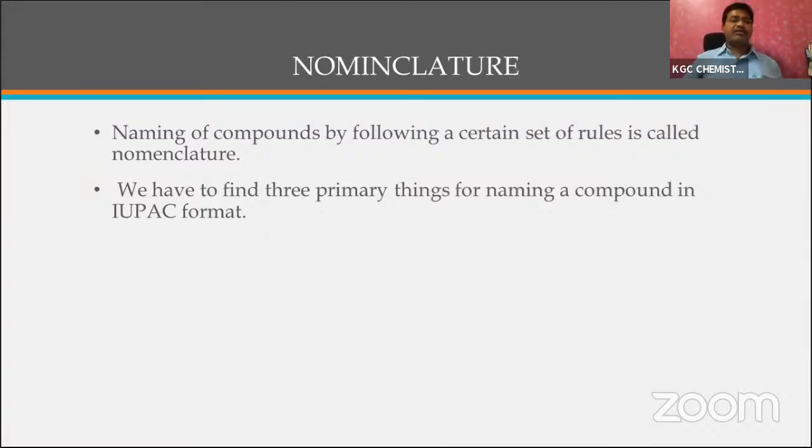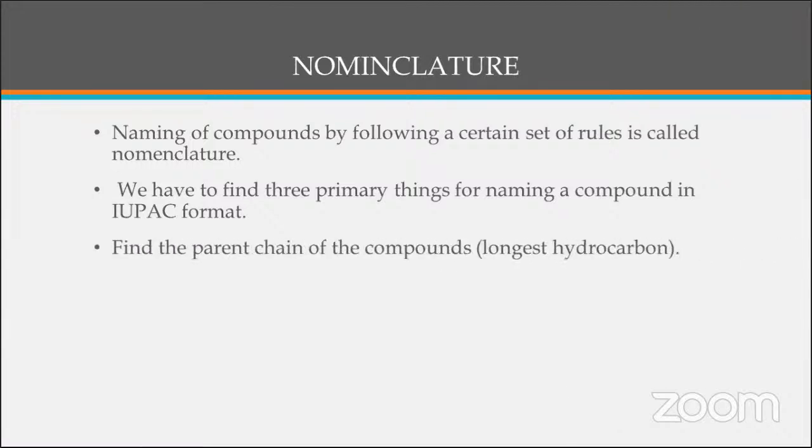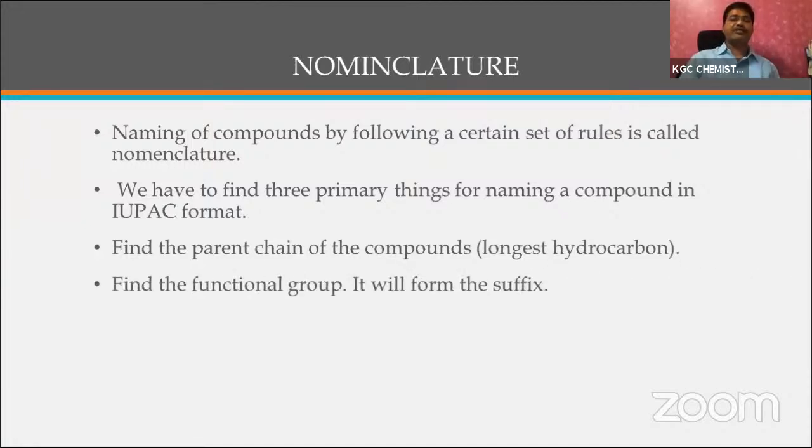Can anybody tell me what are the three primary things for naming a compound? Prefix, word root, suffix. Very good. Find the parent chain of the compound, which is called the longest hydrocarbon, that is the word root.